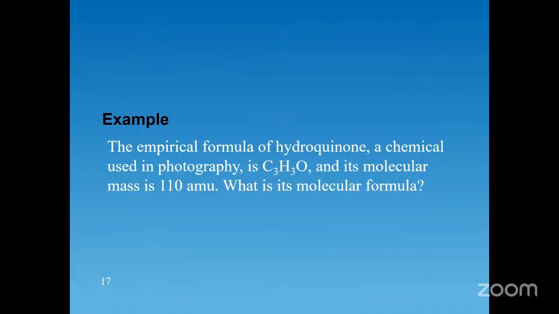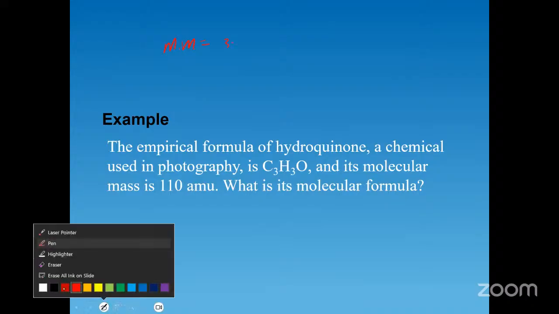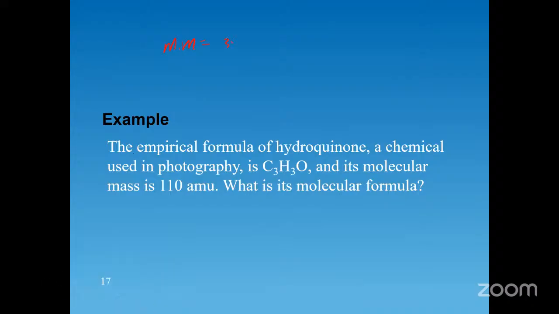The first thing I would find is the molar mass, which is 3 times 12.01 grams per mole. That's for the carbon, plus 3 times 1.008 grams per mole. That's for the hydrogen, plus 16.00 grams per mole. So when we add these together, let's see what we get.